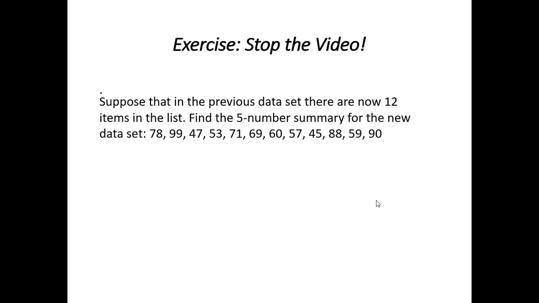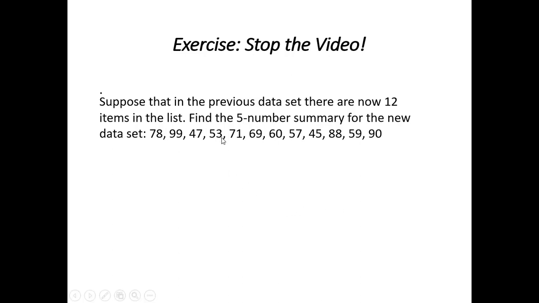Okay, here's a stop the video exercise. Now in the previous data set there were 11 values, but suppose there's 12. You'd be surprised how much this changes things. Okay, so I'm going to ask you to find the 5-number summary for this list.